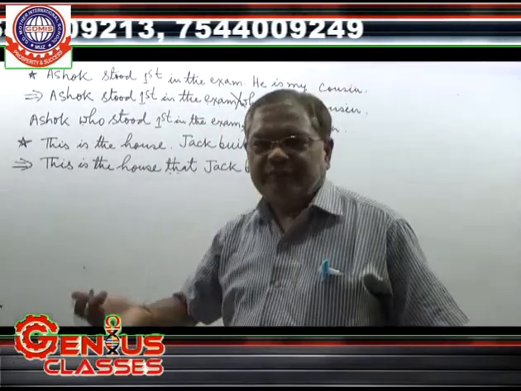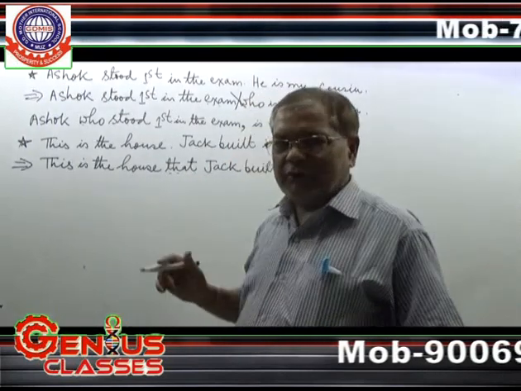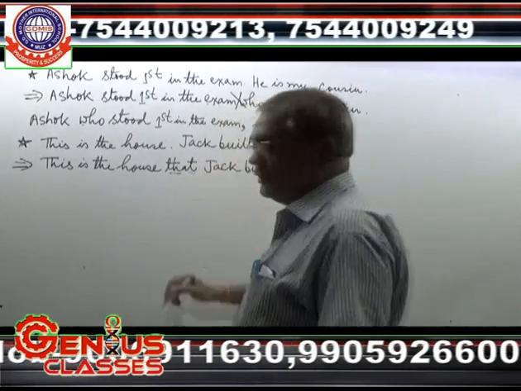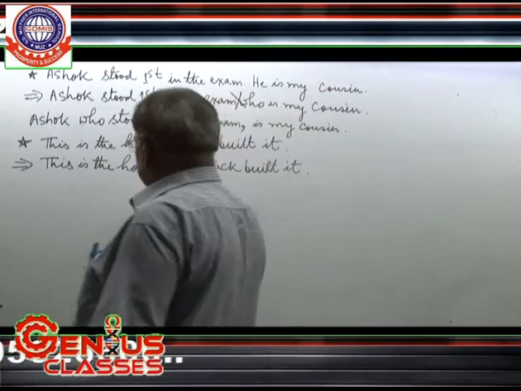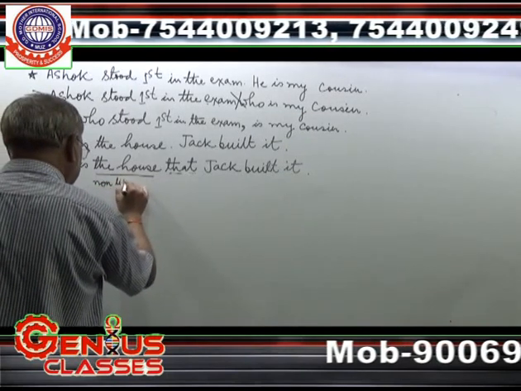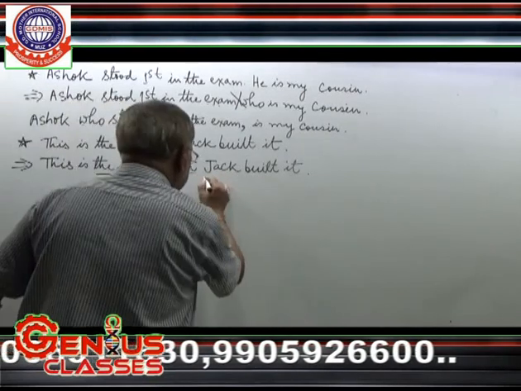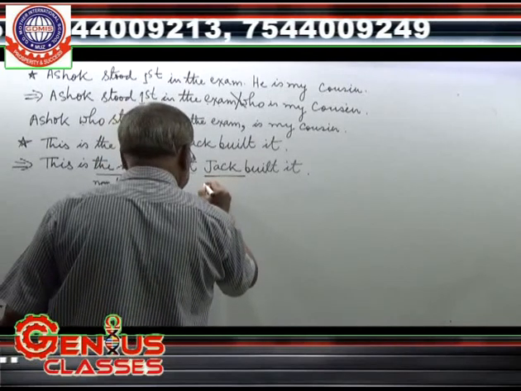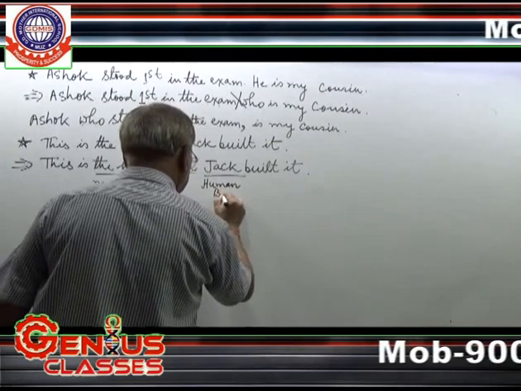So I will explain to you that wherever you use that in a sentence, you have to see that just before that a non-living thing should be there. And just after that, a living person should be there. That is, a human being.